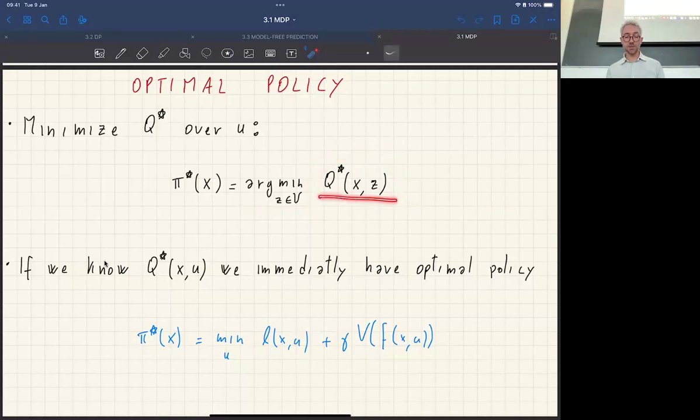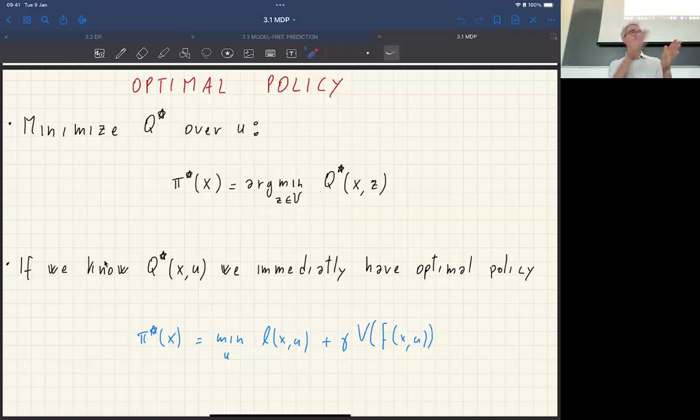So this optimal action value function is going to be like a proxy objective that we want to find for then obtaining pi star. Many reinforcement learning algorithms don't directly try to find pi star, but they try to find Q star instead, because once you have Q star, it's very easy to get pi star, especially in the discrete setting, where this minimization is over a discrete space.